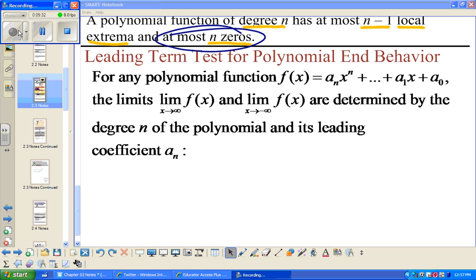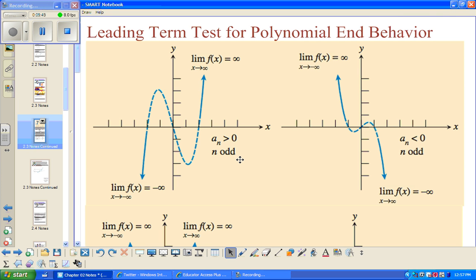What this next note is talking about is a way for you to tell for any polynomial function what the end behavior is going to be just by looking at the degree and the leading coefficient. Here's what you need to know. What I would do if I were you is think about the basic function you can relate to the graphs that I'm discussing.